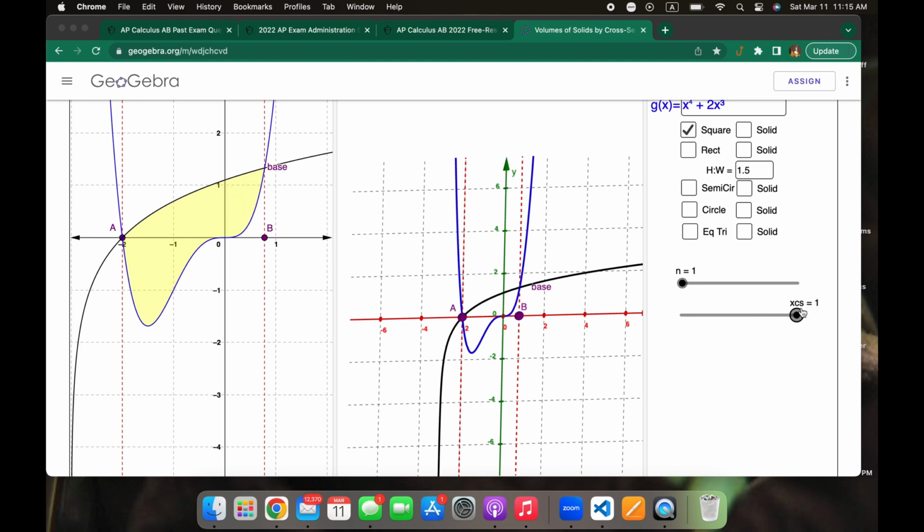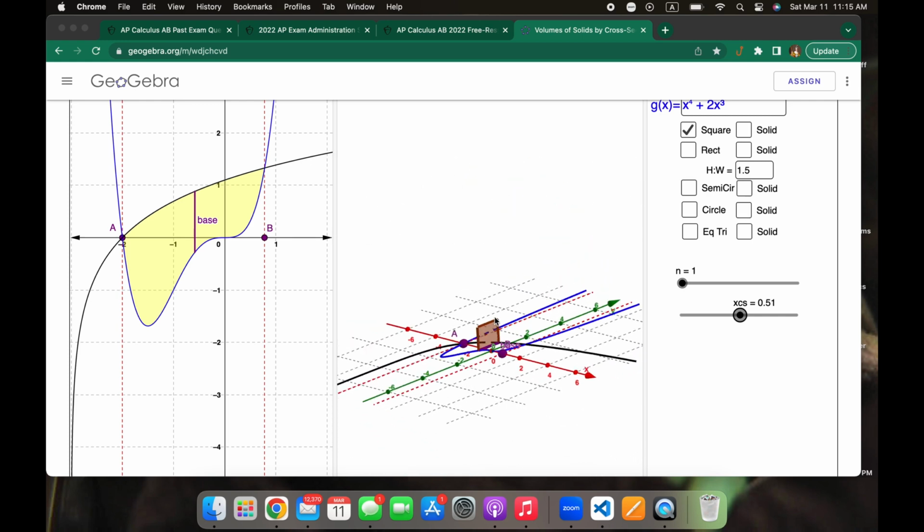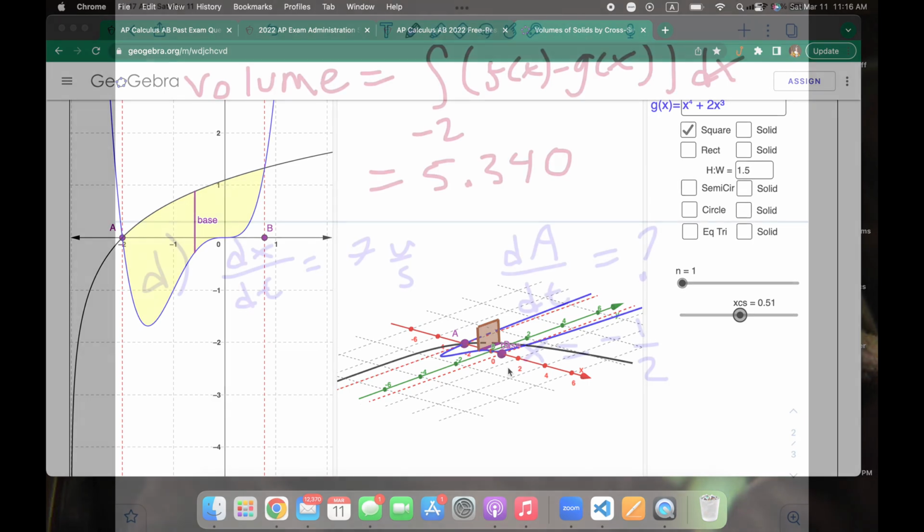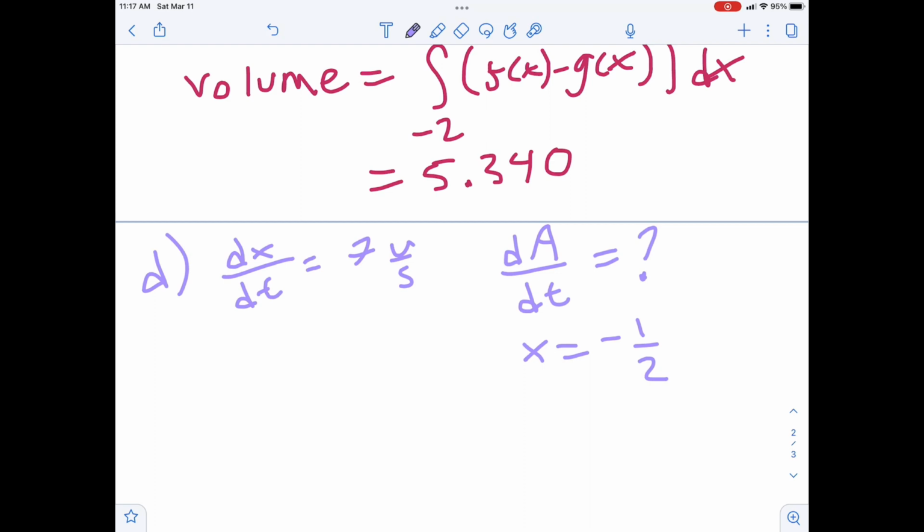Hopefully this gives you a better idea of what they're talking about in part D, because what they're asking us is, when x equals -1/2, so that's about here, what is the rate of change of the area of this square being built up from the base. Hopefully that software gave you a better idea of what we should be visualizing for part D, but now let's actually get into solving the problem.